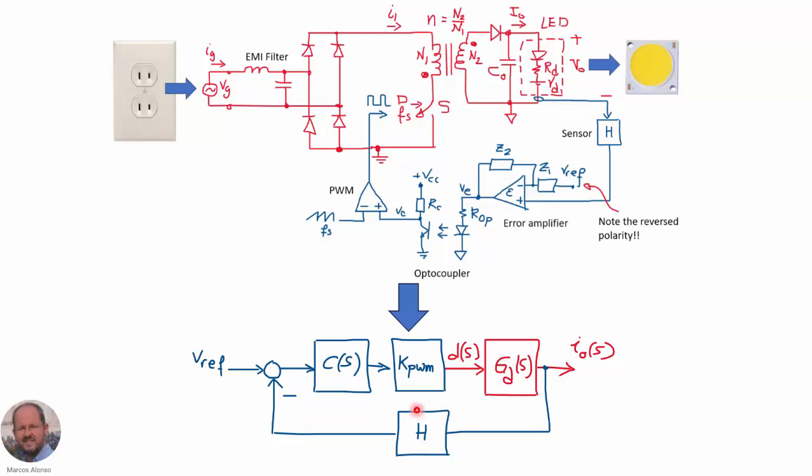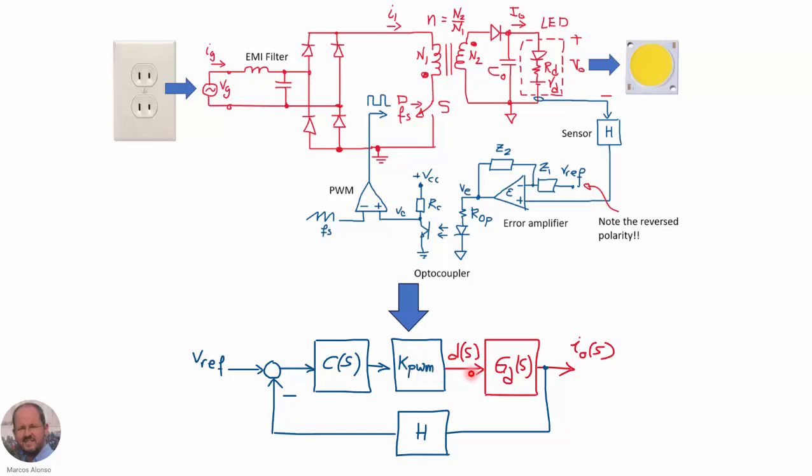We measure the current with our sensor H. We compare this with a reference corresponding to the current that we want to inject into the LED, send the error signal to the compensator. The output of the compensator goes to the PWM circuit, which has also a gain, and then we generate the duty signal.